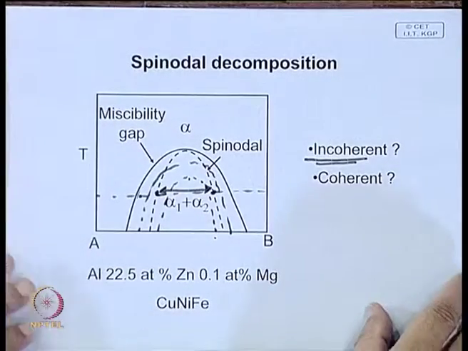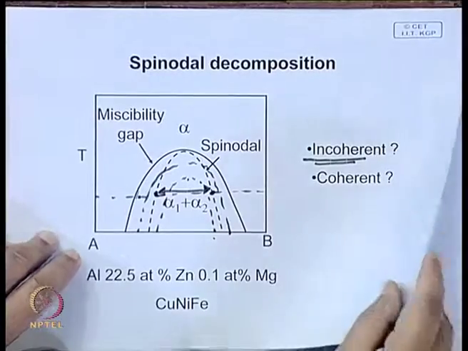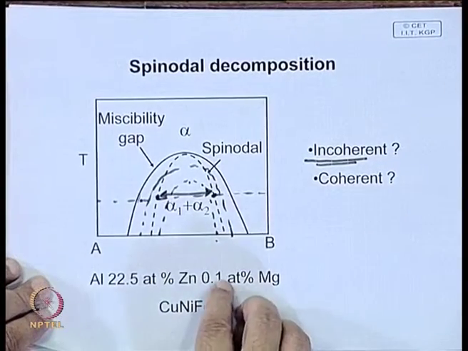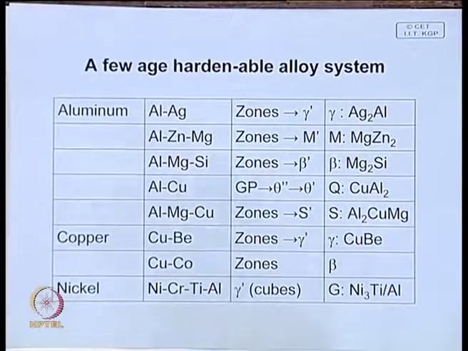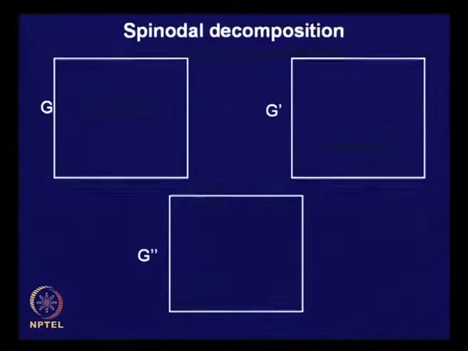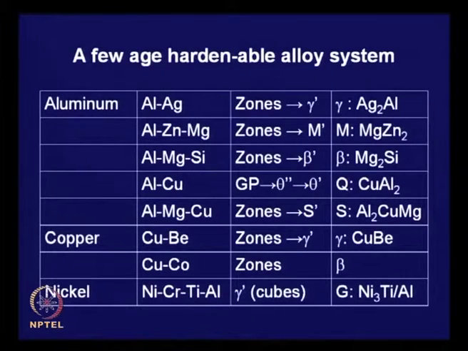So, the main advantage is that spinodal decomposition is possible in many alloys, which is listed here. And next, if you look at this slide, it gives a few common age hardenable alloys, and each of these we talked about in detail, but similar sequence of precipitation is followed everywhere.